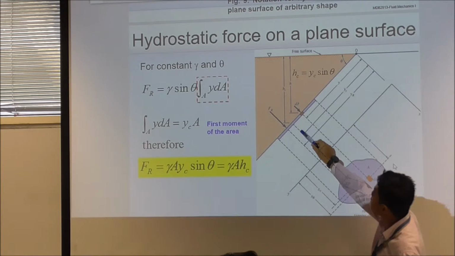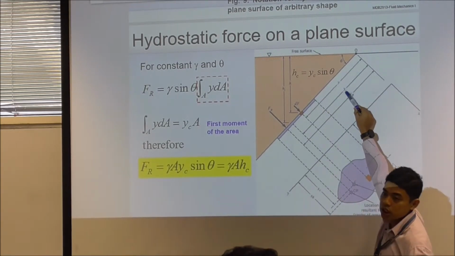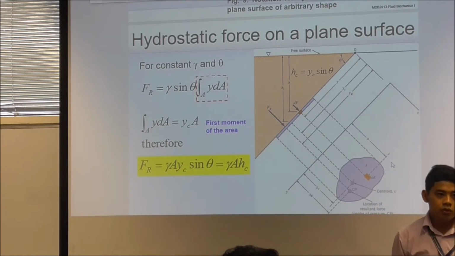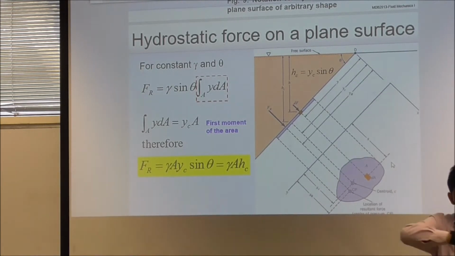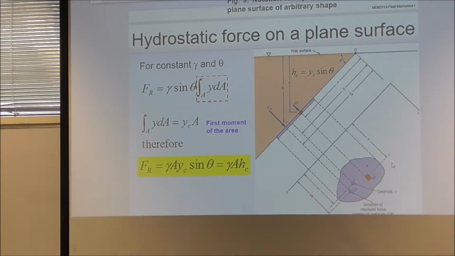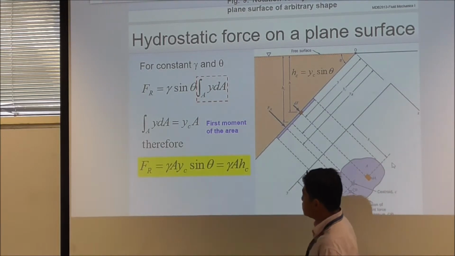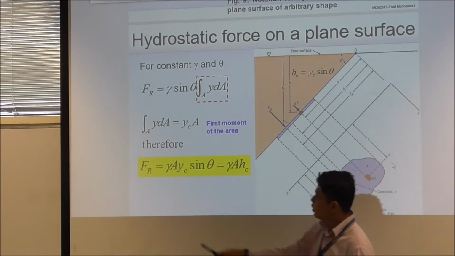So that one is called YC. You see this one? So YC is equal to HC sine theta, if it is slanted like that. Okay, so this is how you finally got it.